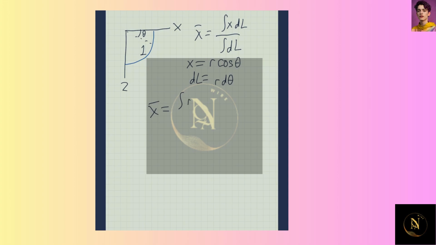And so plugging these in, we get r squared cosine theta d theta in the numerator, and then r d theta in the denominator, and this is all going from 0 to pi over 4 because it's a quarter of a circle. Sorry, pi over 2 actually.